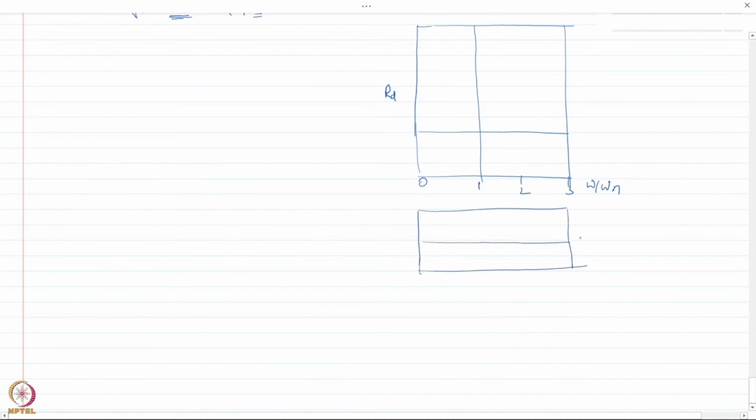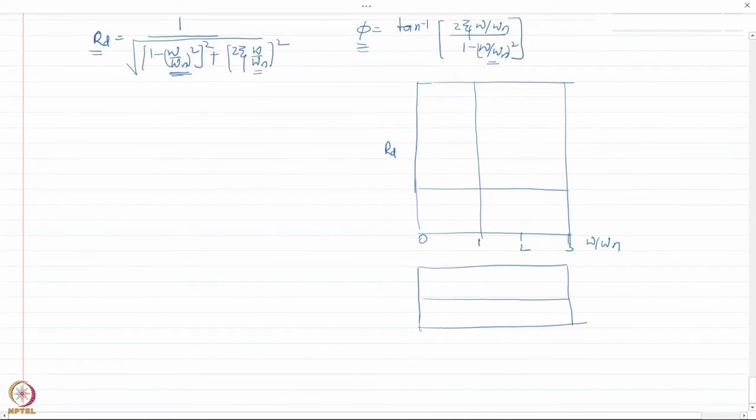We know that if omega by omega n is very small, close to 0, my RD value approaches 1.